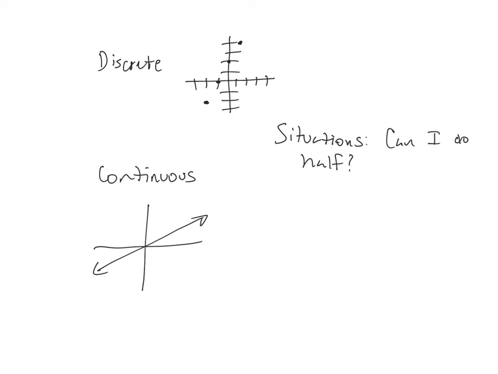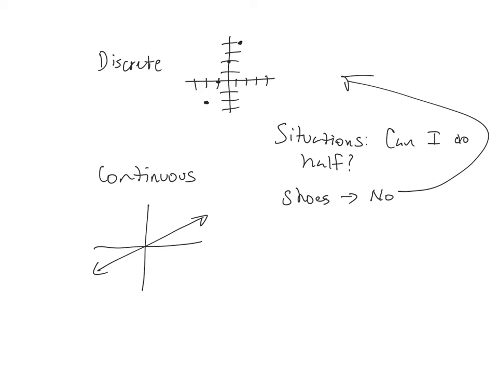So if it talked about having, like, shoes, can I have half a shoe? No. So that would go to discrete.